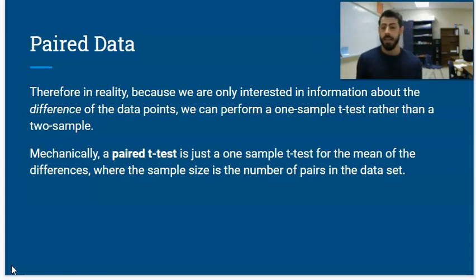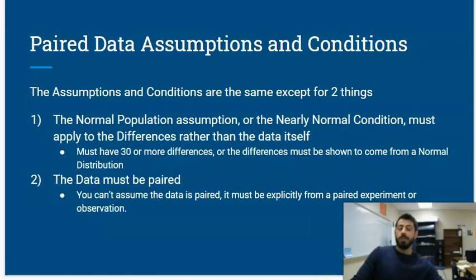So mechanically, a paired t-test is just a one sample t-test for the mean of the differences, where the sample size is just the number of pairs in the data set rather than the number of actual data points. So the assumptions for this are a little bit more complicated, but not really, right?